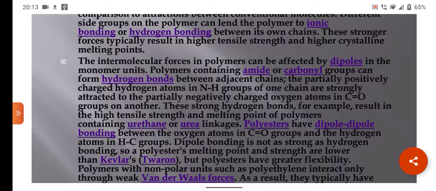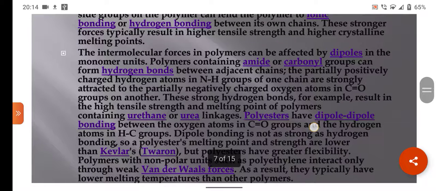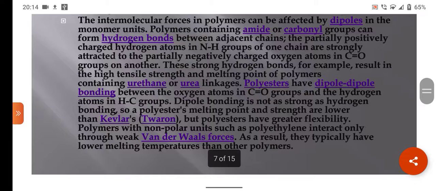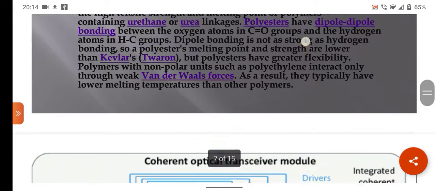The polyesters have greater flexibility. Polymers with non-polar units such as polythene interact only through weak van der Waals forces. As a result, they typically have lower melting temperatures than other polymers.